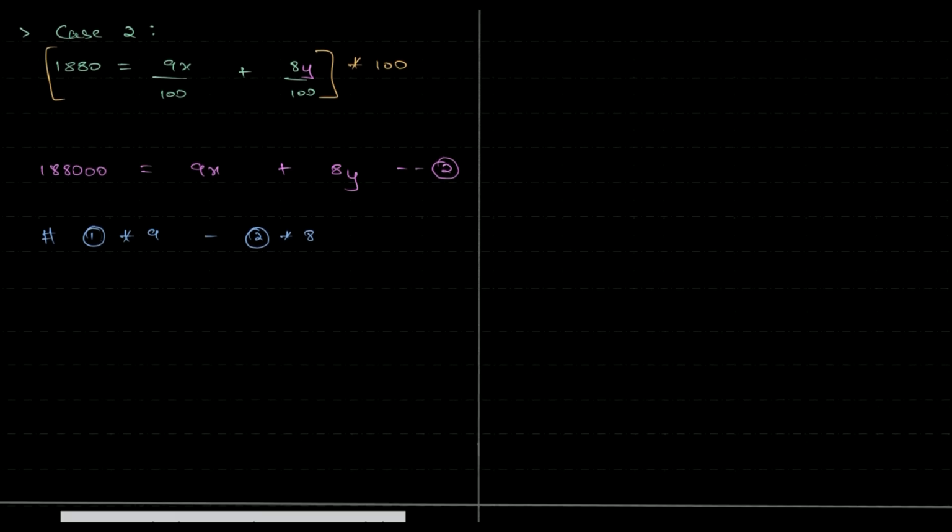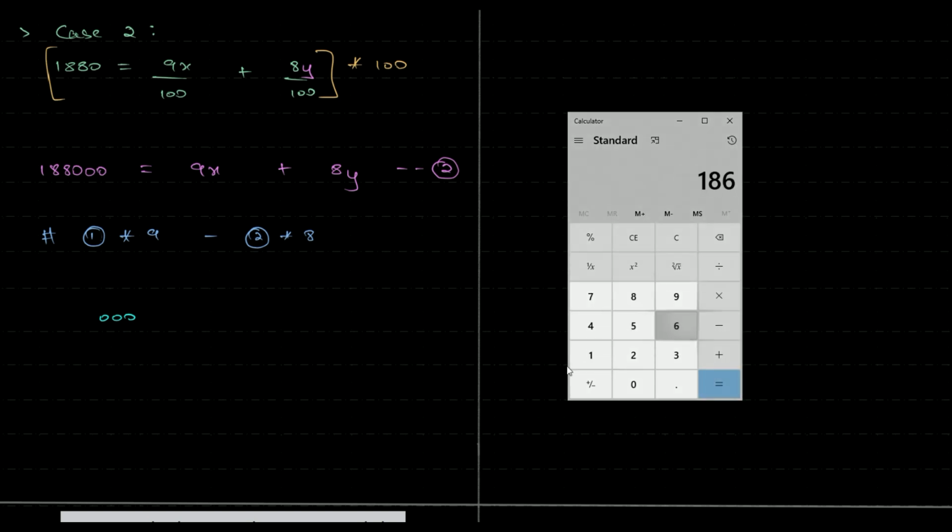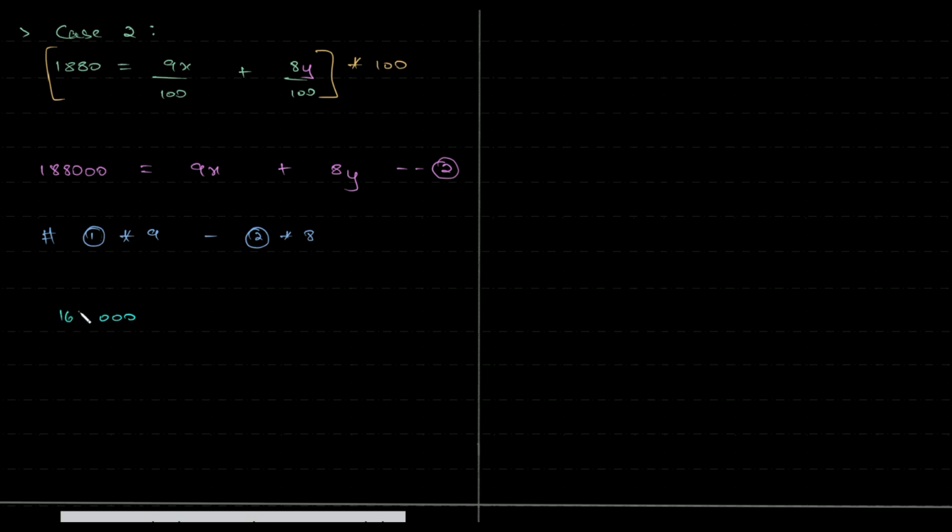Okay, now the difficult part, multiplication. 9 into that big number, 186,000. So 000 by default is there. 186, I'll do it very fast. 1674. You guys have to do it in your exam.